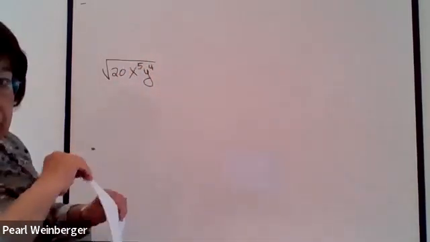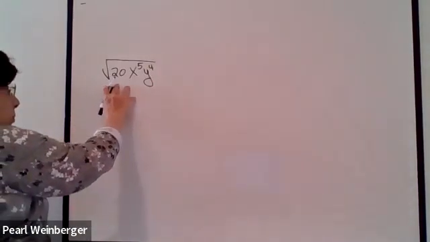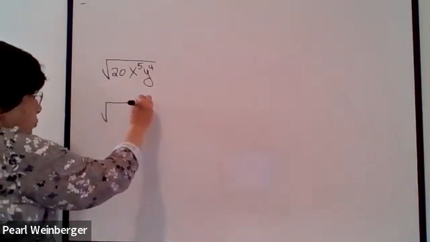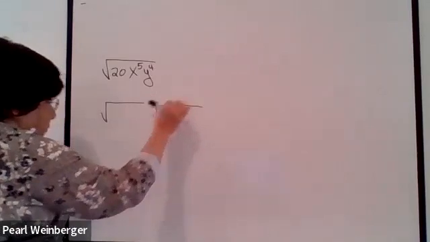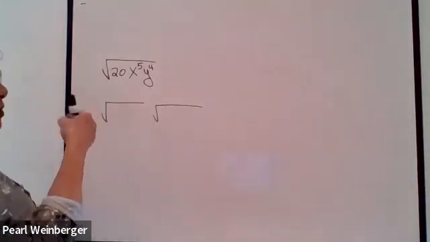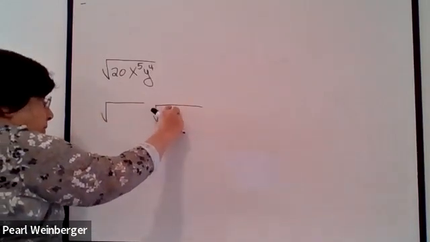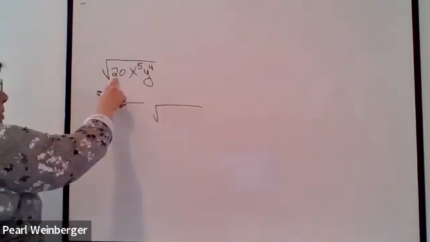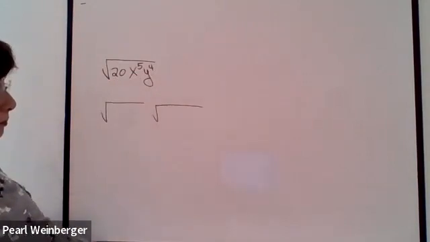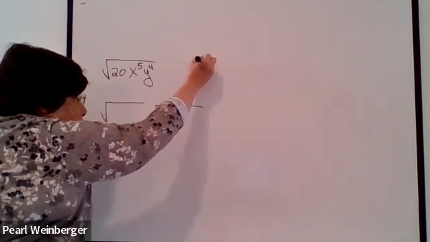Okay, I'm going to do one and then I'm going to give you one to try. Remember, it says simplify, so we know we're going to break it up into our two radicals. In the first radical we'll put all the perfect squares, all the things that we can take the square root of. Everything left over, we'll put in the second radical. We'll do it piece by piece. First, we take 20. We can have 1 times 20.